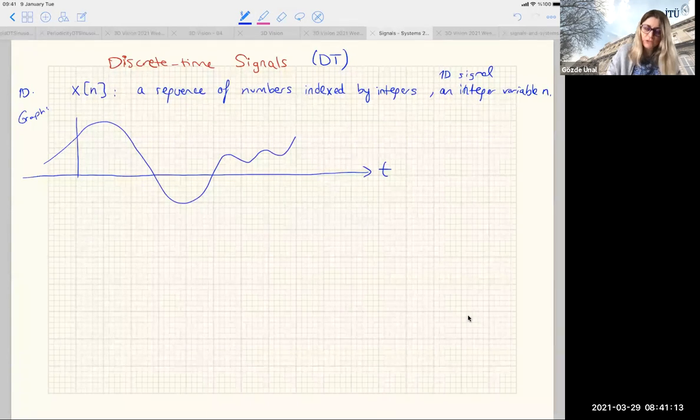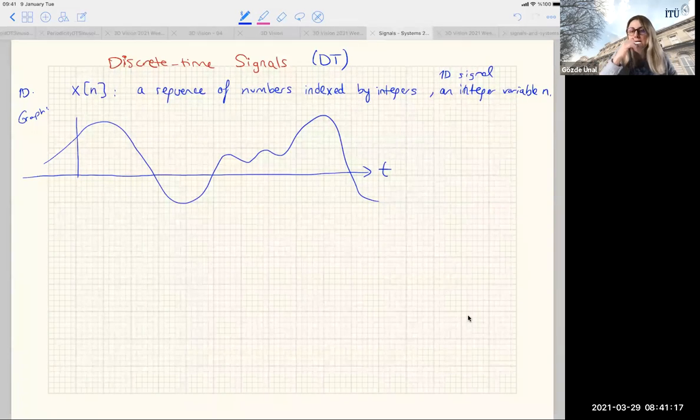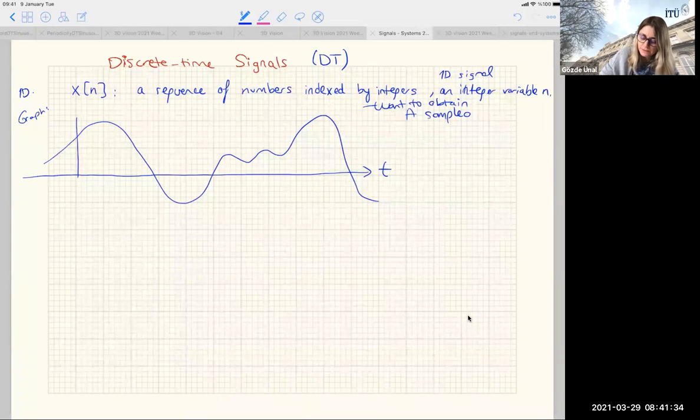Maybe just make it not just a sinusoid, but an addition of sinusoids. Now you know that when you see such a signal, you can write it as an addition of sinusoids. It will become more general when we study the Fourier transform. But with sampling here, we want to obtain a sampled signal.